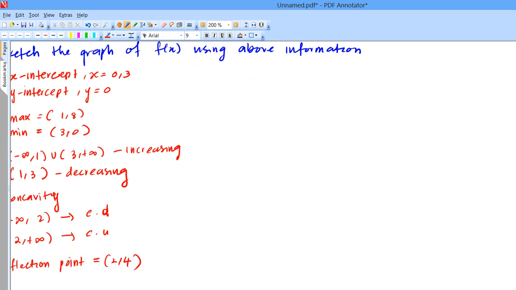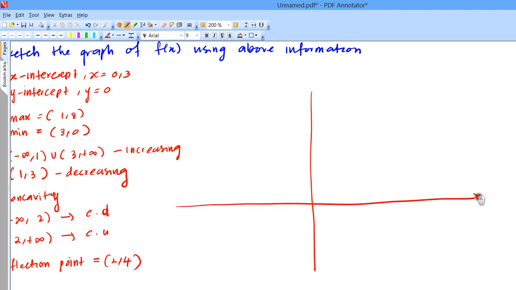Okay, if you have the x and y axes, make sure to label them. The first one, we have the x and y intercepts. The x-intercepts are 0 and 3. Okay, this is 0, 1, 2, 3. Here is 3.